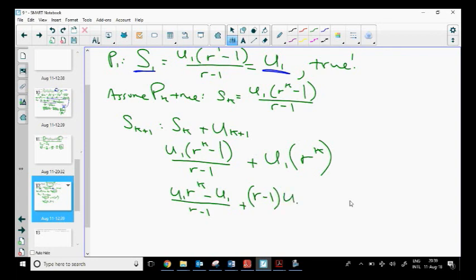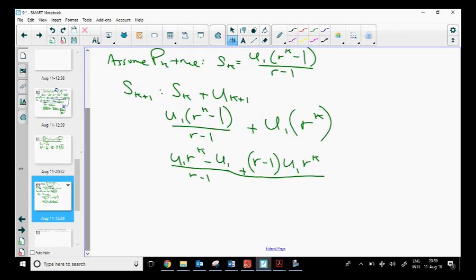Let's just do it. R minus 1 times u sub 1 times r to the k. Let's just make that all one fraction. Now, let's simplify. Okay, so this is u sub 1 r to the k minus u sub 1 plus r to the k plus 1 u sub 1 minus u sub 1 r to the k all over r minus 1.